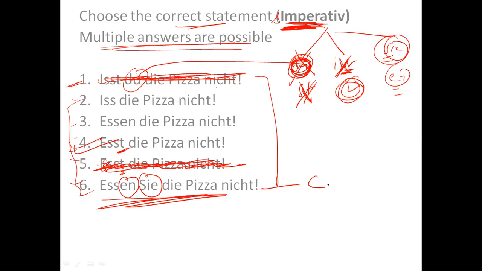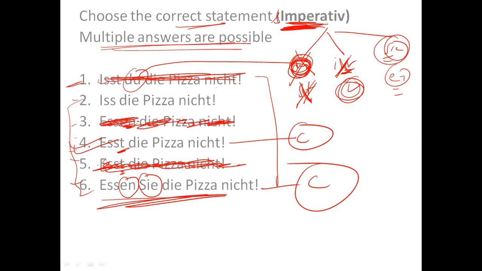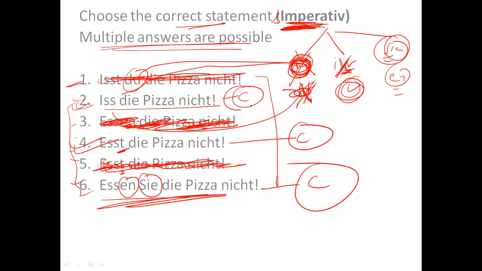So the sixth statement is correct, the fourth statement is correct, and the third statement is not correct because en ending is there but Sie is not there, Sie is missing, hence the third statement is incorrect. Let's remove it. And the second statement is 'Sei bitte pünktlich'. Now here du is not there, okay, and st is also not there. So the second statement is also correct.